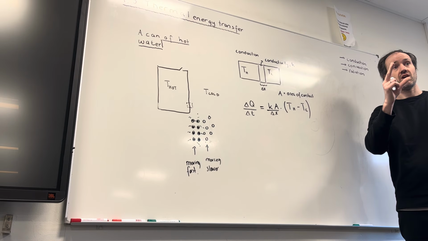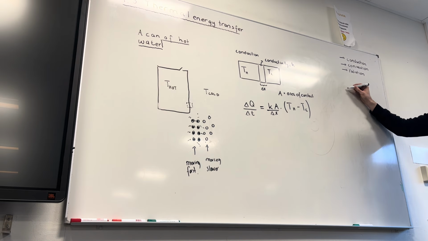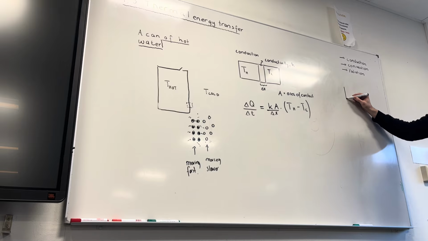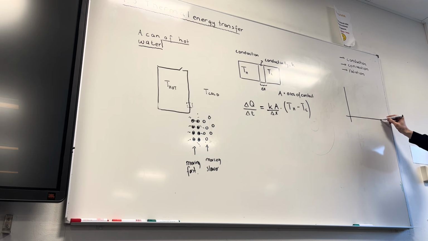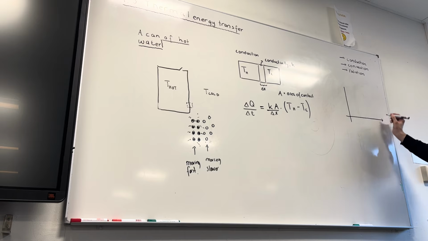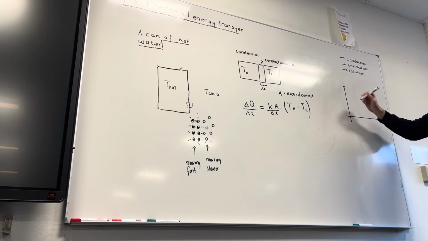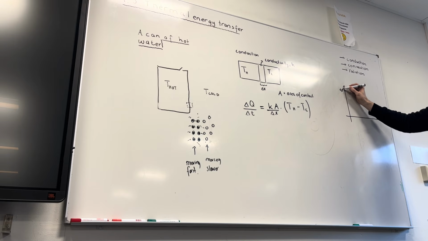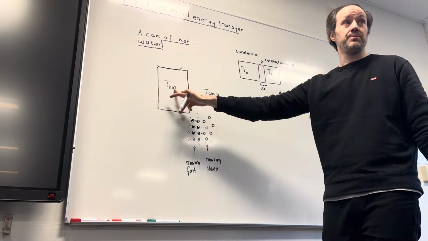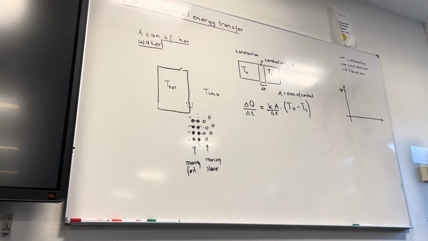Okay, so let's go into the mathematics of this. I know mathematics isn't always a good thing, but sometimes it helps. Let's say we have this container with 90 degree water in it. And we just let it sit there in the surroundings.